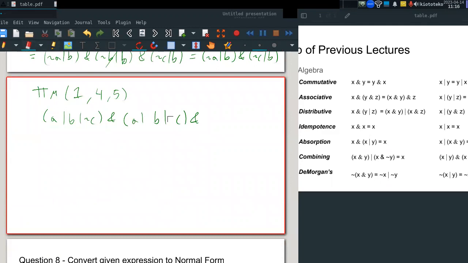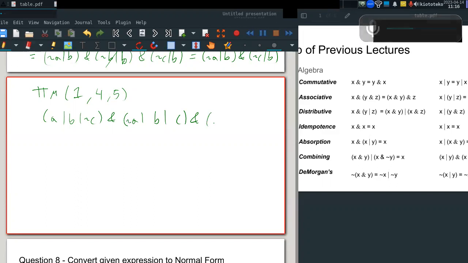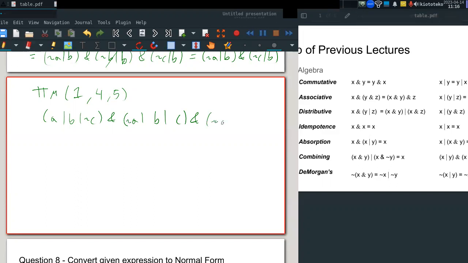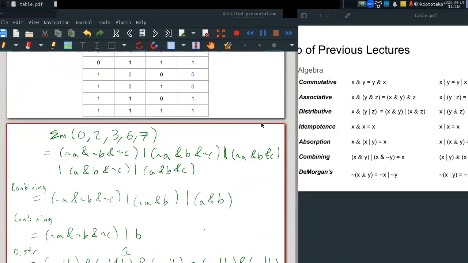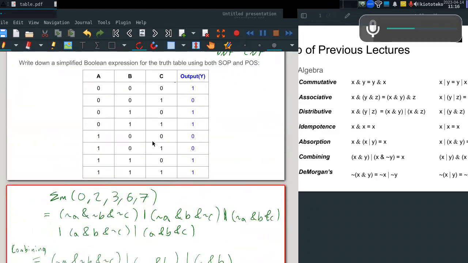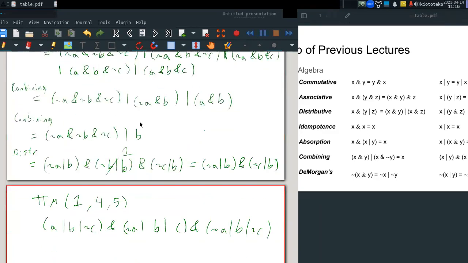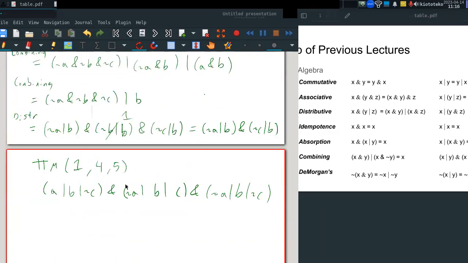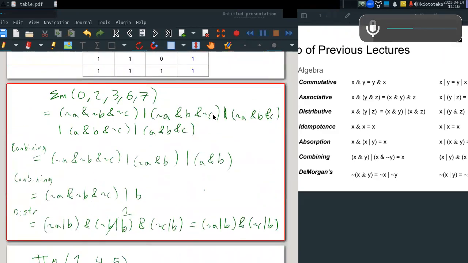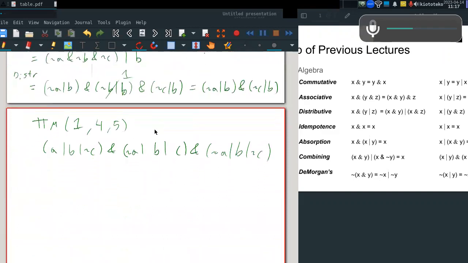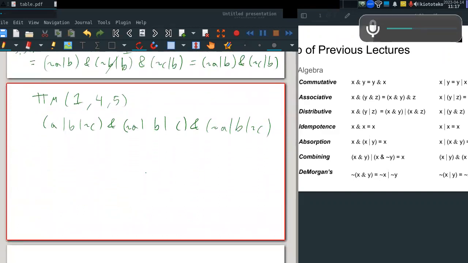It's not A, and this will be not A, B, and not C. Yeah, no? Not A, B, and C. Okay. So in this case, we only have 3 terms as opposed to the 5 we have here, no? And again, this is the product of sums, which is the conjunctive normal form.